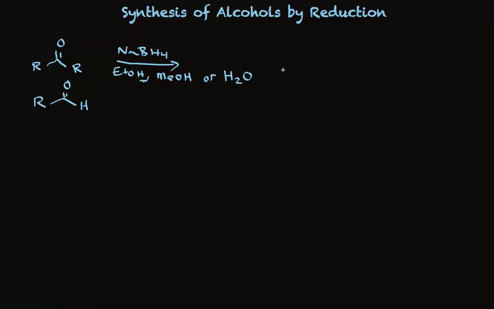And in each case, the reduction of a ketone makes a secondary alcohol, while the reduction of an aldehyde using the same conditions makes a primary alcohol.